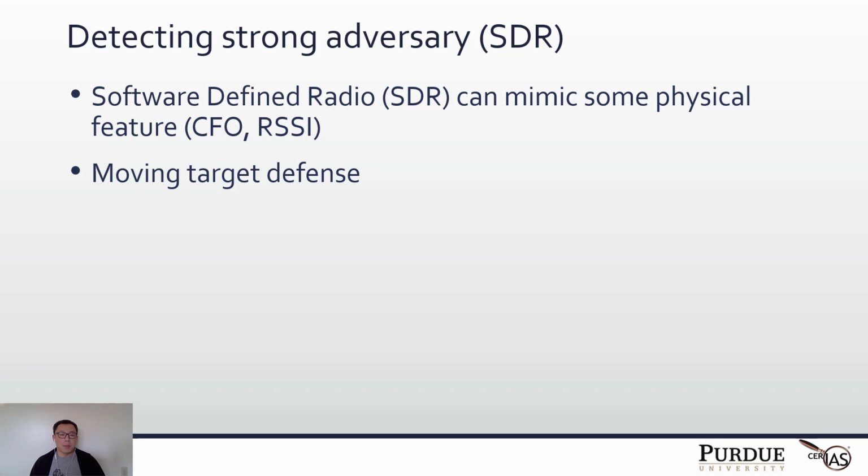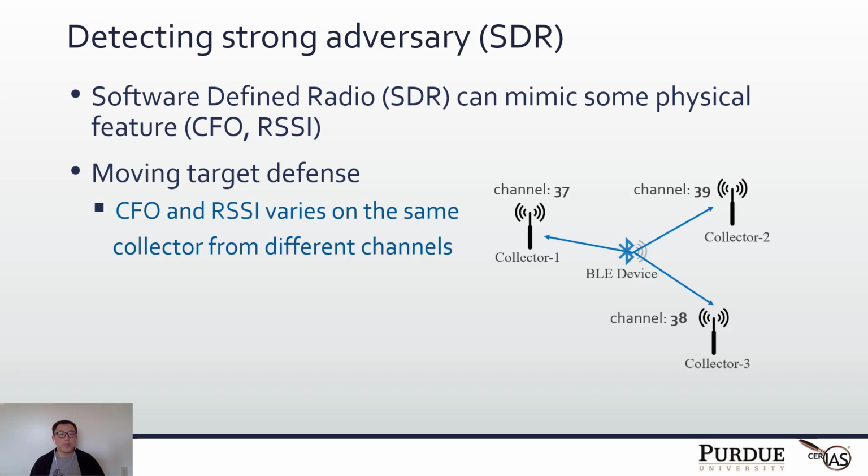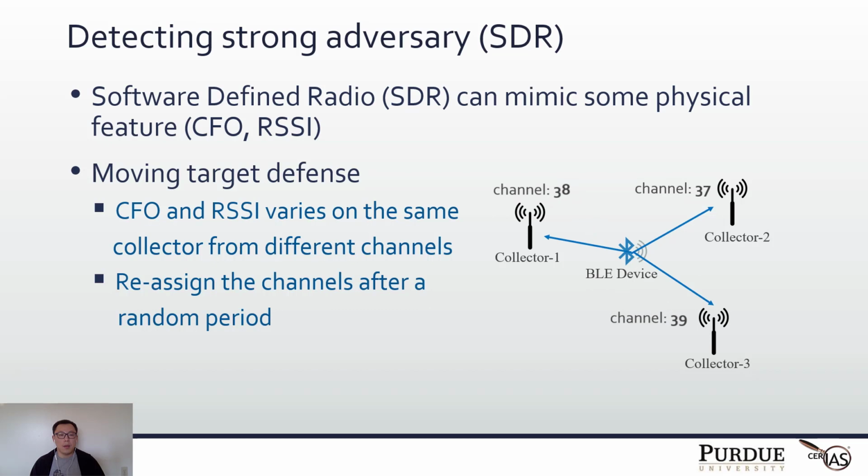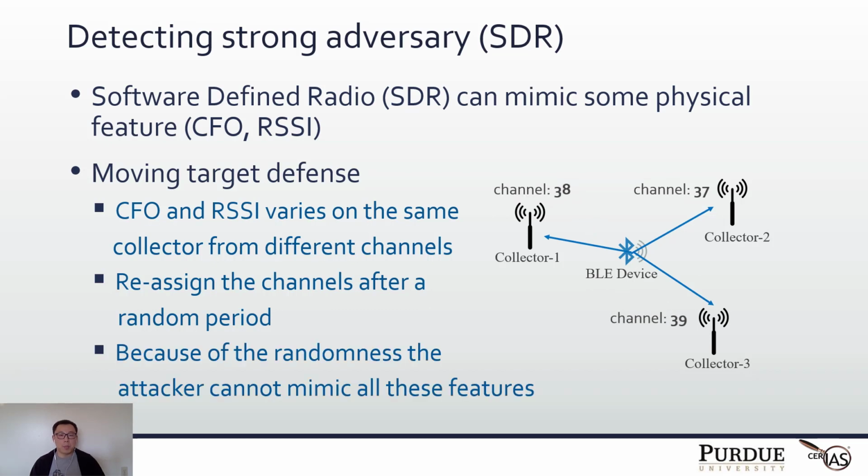This mechanism is based on the fact that the physical features, that is the CFO and RSSI values, are different in different channels, even though they are received on the same collector. Therefore, we reassign the channels for each collector to monitor after a random period of time. This randomness could prevent the attacker from mimicking all these features and therefore BlueShield can detect them.